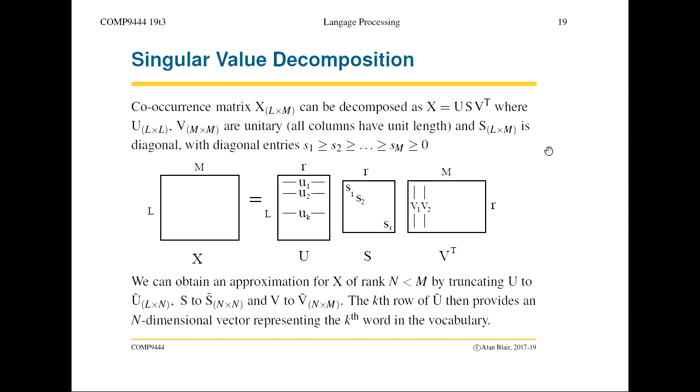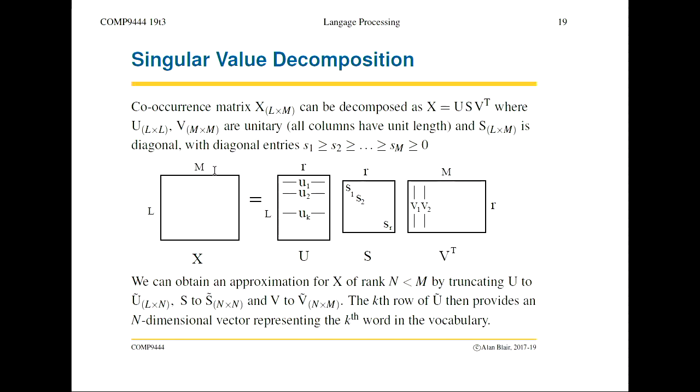Diagonal means that only the entries along the diagonal are non-zero. We can also arrange it so that these numbers are positive, and it's often convenient to juggle the matrix around so that the biggest value is first, and the values are in decreasing order of size.